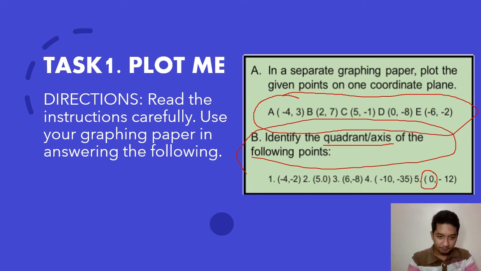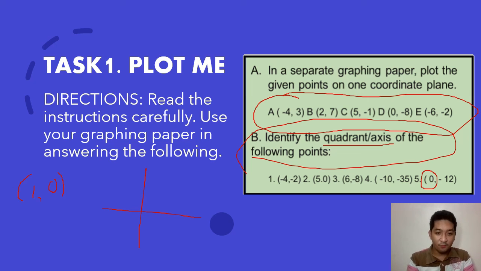So, halimbawa. Okay. So, let's say, for example, I have 1 and 0. Ito yung ordered pair ko. Okay, sir, ano kayang quadrant yan? So, madali, i-plot mo na. So, ano nga unang pa-plot?